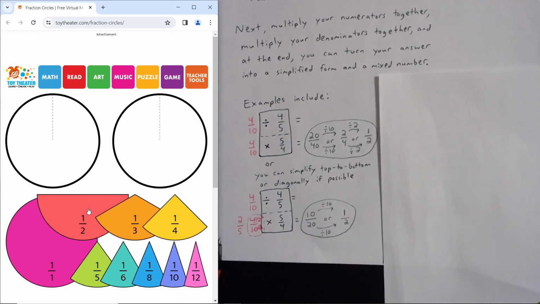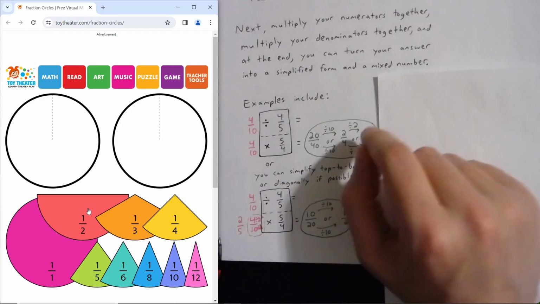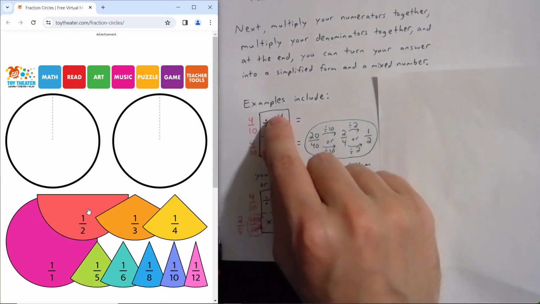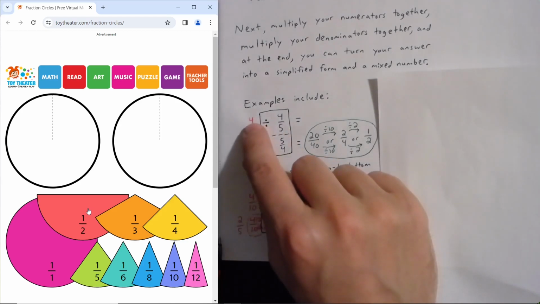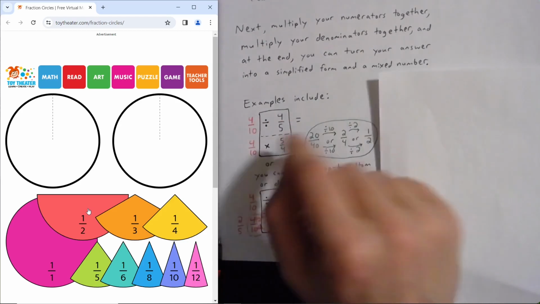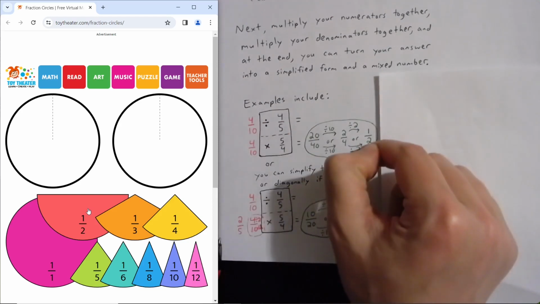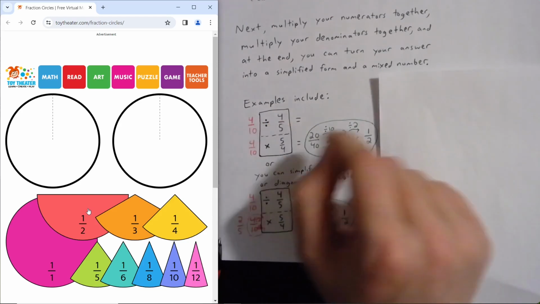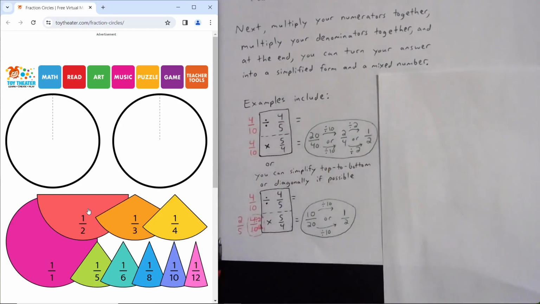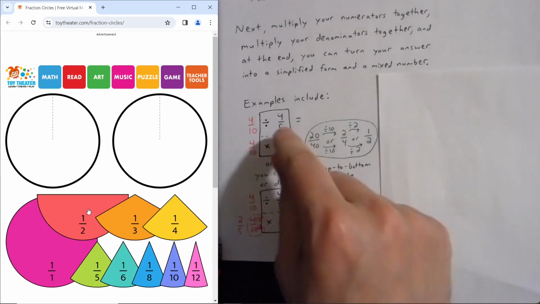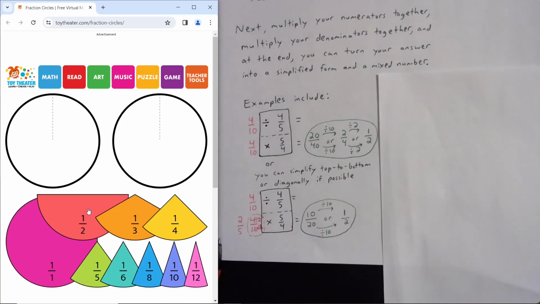Now you may have also noticed that for this particular problem, you could also get 1/2 if you just divided the top by the top and the bottom by the bottom at the beginning. And if you've already noticed that, that's pretty incredible thinking on your part. So yes, 4 divided by 4 is 1, and 10 divided by 5 is 2. So if you divide top by top and bottom by bottom, you would also get the final answer right for this particular problem.